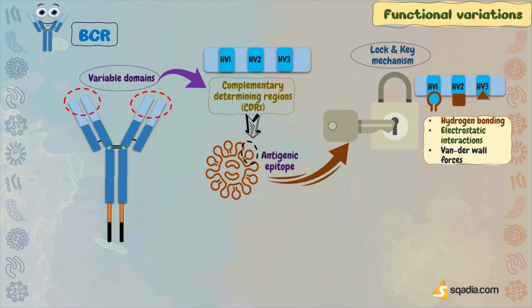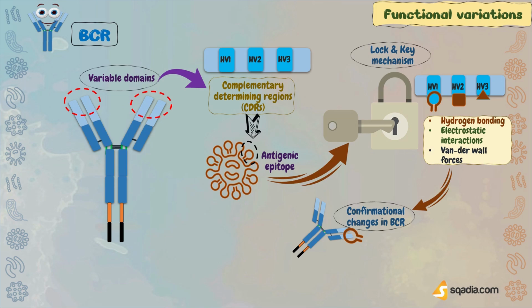And here, several types of molecular interactions contribute to this binding, such as hydrogen bonding, electrostatic interactions, or van der Waals forces, etc. The greater these forces, the greater will be the binding affinity, that is actually the strength of binding between BCR and antigen. And as we said, this affinity is extremely specific.